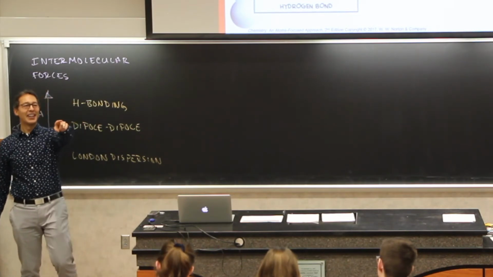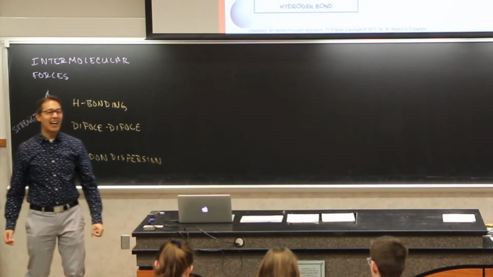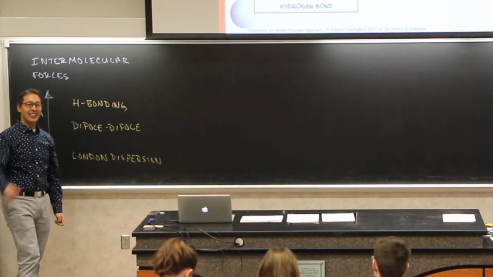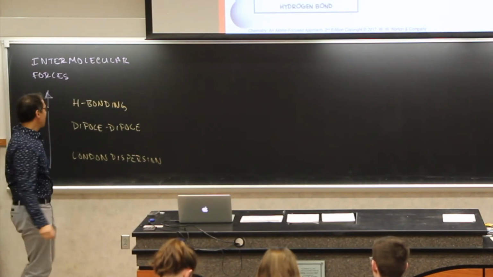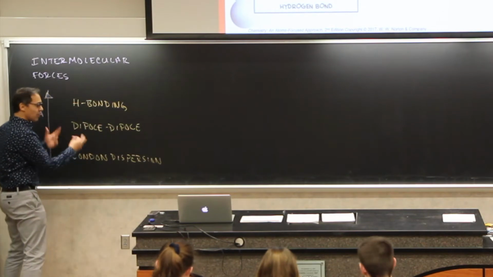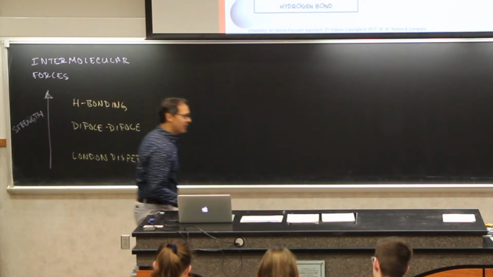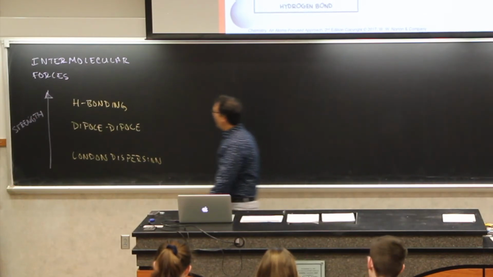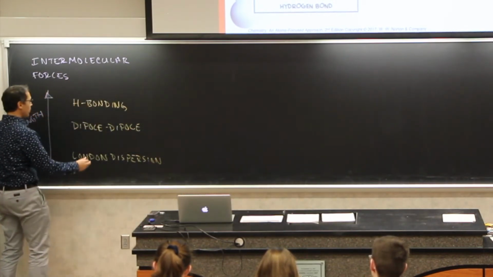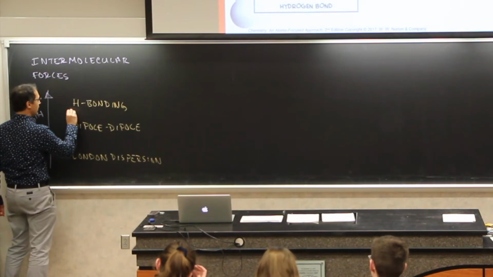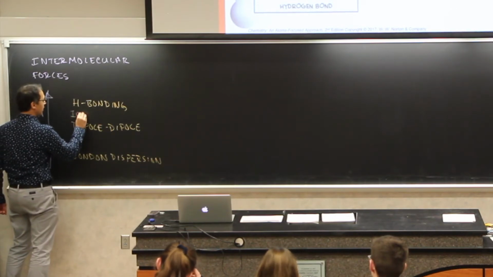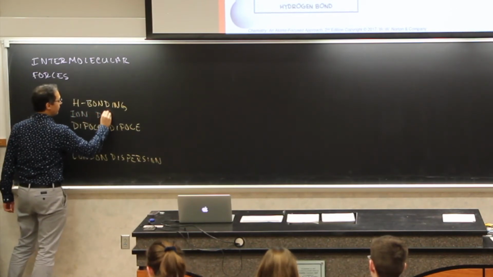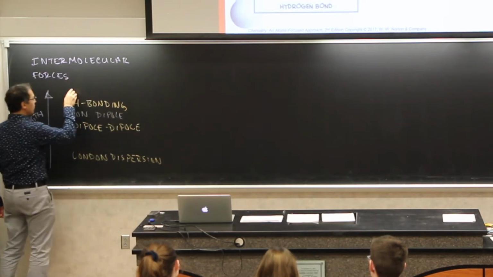Thank you for helping. Ionic. It's got ion in it, yeah. Ion dipole. Ion dipole is an intermolecular force, and it kind of fits in here, but it's a little fuzzy. Some people will put it here, and some people will put it here.